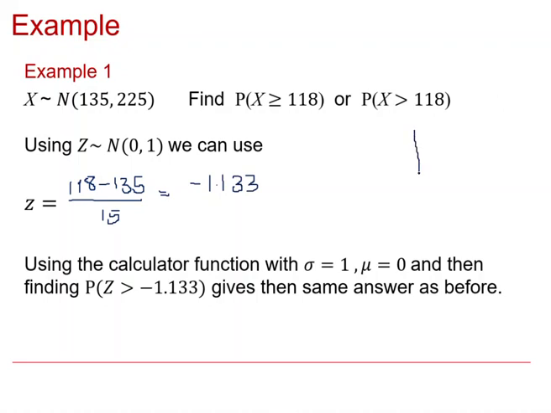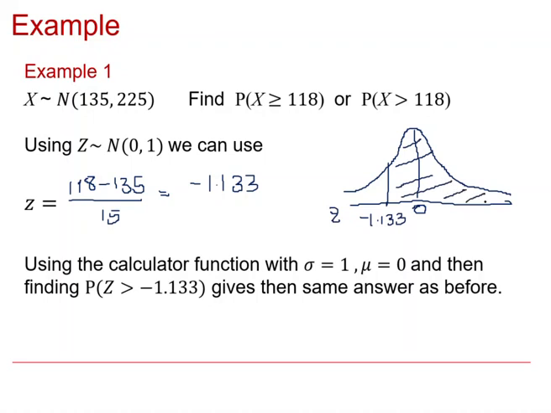And if we draw a little picture of that, the equivalent probability, if we look at z-scores rather than x values, would be to try and find the probability that z exceeds minus 1.133. And using standard deviation 1, mean 0, for our z-scores, you should find the probability of being greater than minus 1.133 gives exactly the same answer as we found before when we used x instead of z.